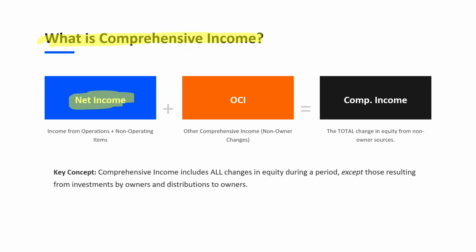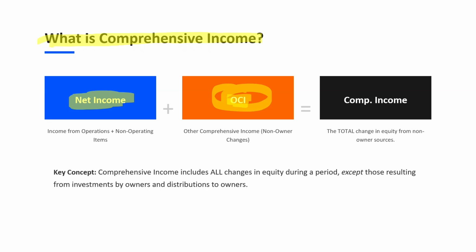However, there are some other items, some gains and losses which are not related to net income, but they may still affect our equity. So basically, those items are captured in a statement called other comprehensive income. You usually see this one below the net income.